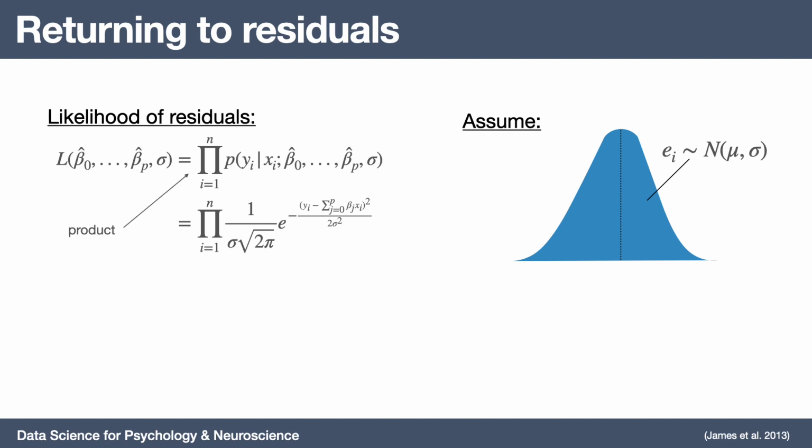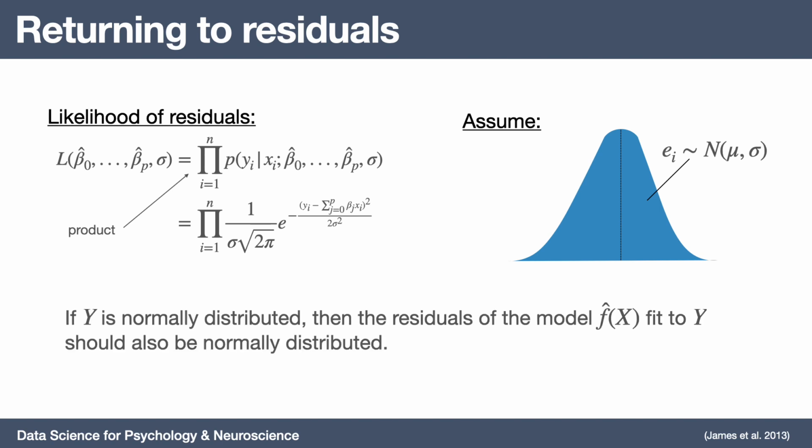So this term here is just showing that it's a product. Now, if y is normally distributed, then the residuals of the model f hat of x fit to y should also be normally distributed. This is a key assumption here. So now we can work with this likelihood function.